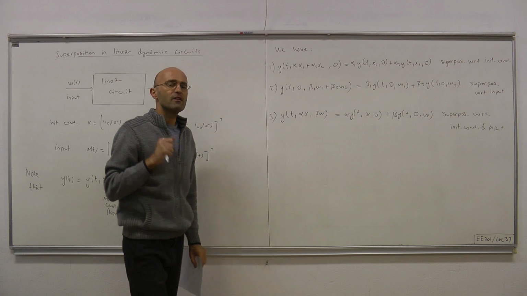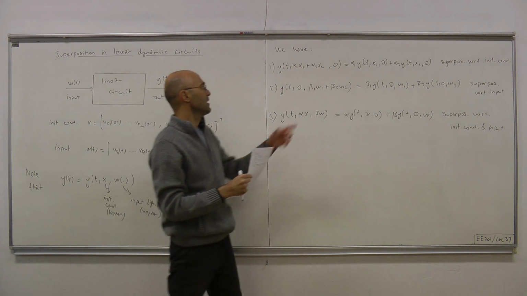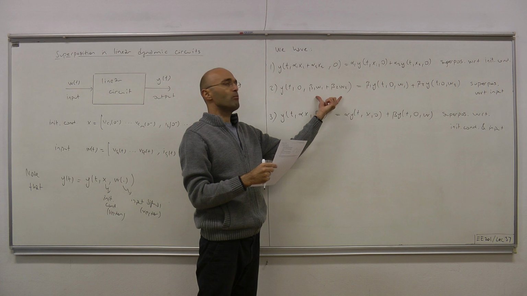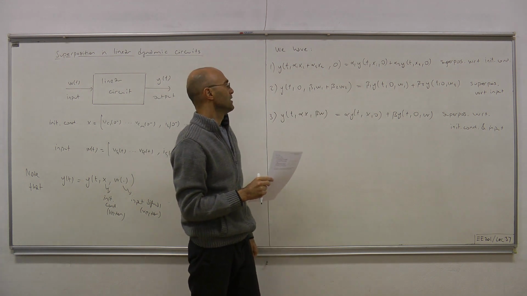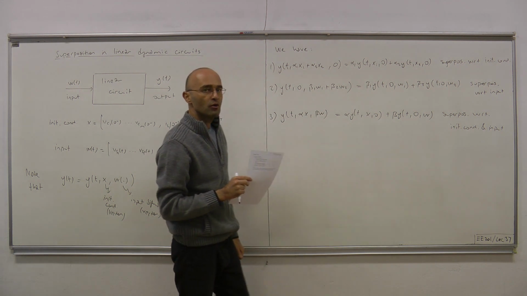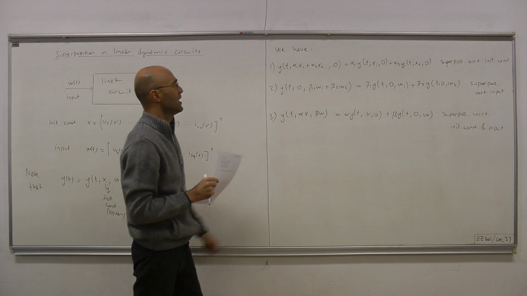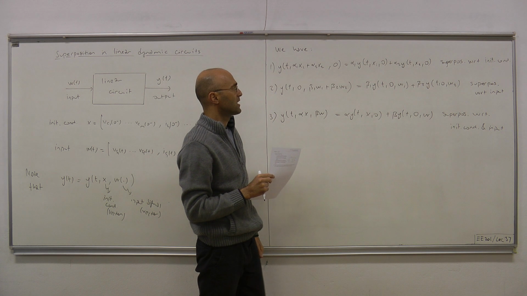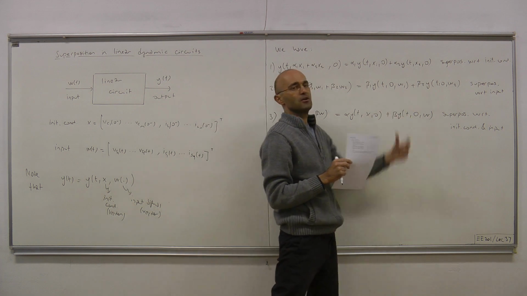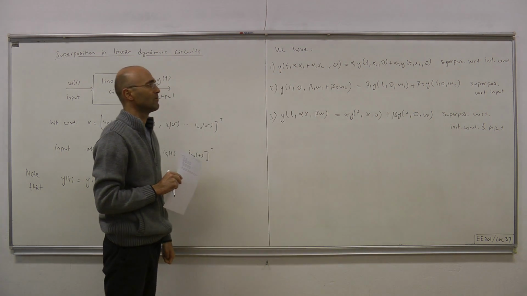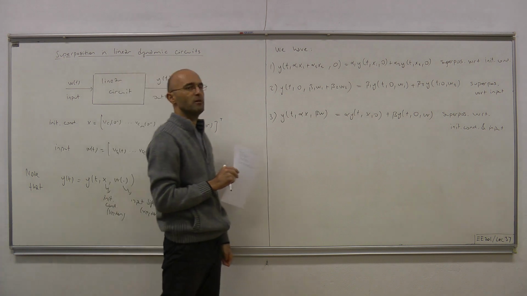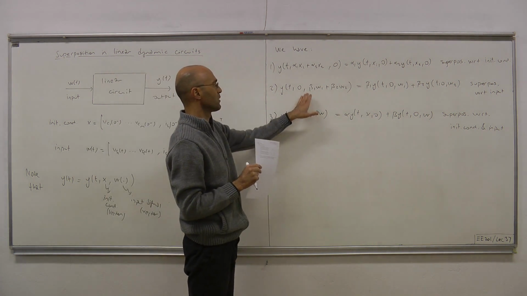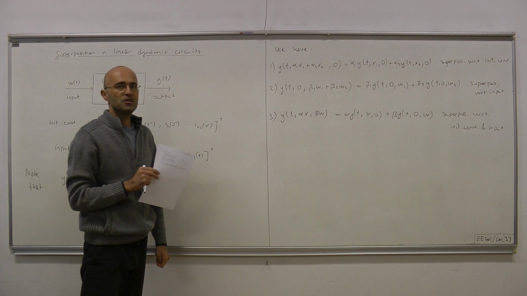And then you perform a third experiment where the input that you apply is a linear combination of the previous two inputs, and the response of the third experiment can be written as the linear combination as such. Okay, and that's called superposition with respect to input, where we're dealing with the zero state response.